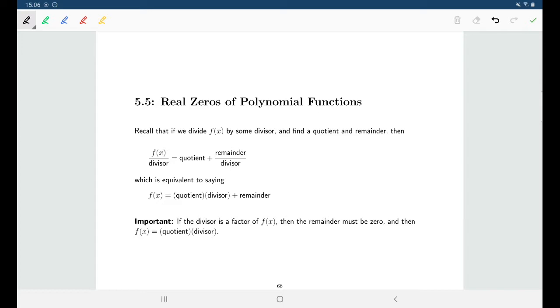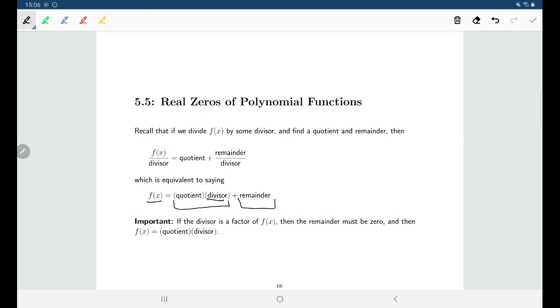One thing that we'll just state outright is that the connection exists between division and factoring, that they really are essentially the same thing. If you had some sort of a function f of x and you divided f of x by something, you would find a quotient and a remainder. And you could write f of x as the quotient times whatever you were dividing by plus whatever the remainder is.